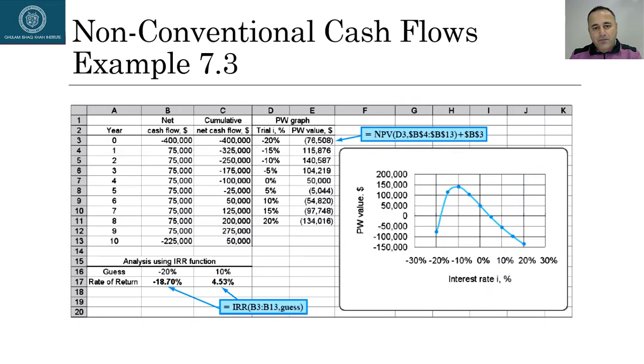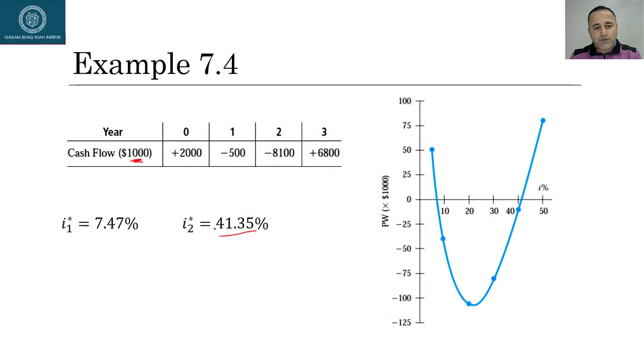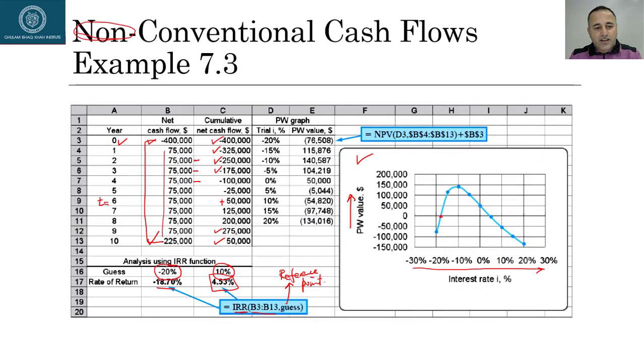The reason I'm contrasting example 7.3 with 7.4 is you can see that one of the IRR in 7.3 is minus 18.70. So one of the IRR is negative. Okay, so IRR number one was negative and IRR number two was actually positive.